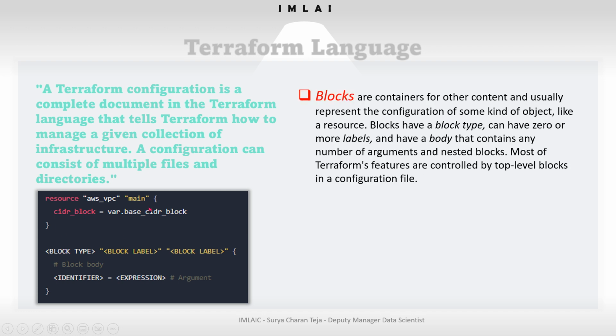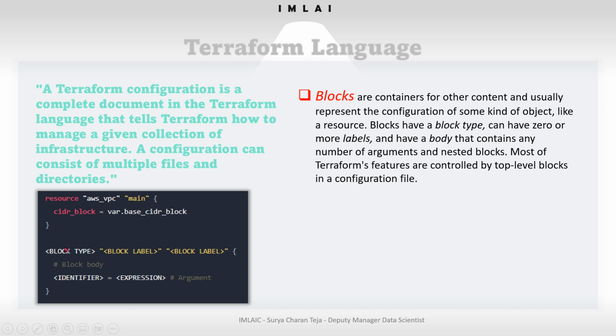So blocks are containers. You can see this block is like a container for other content, and usually represents the configuration of some kind of object like a resource. Blocks have a block type.